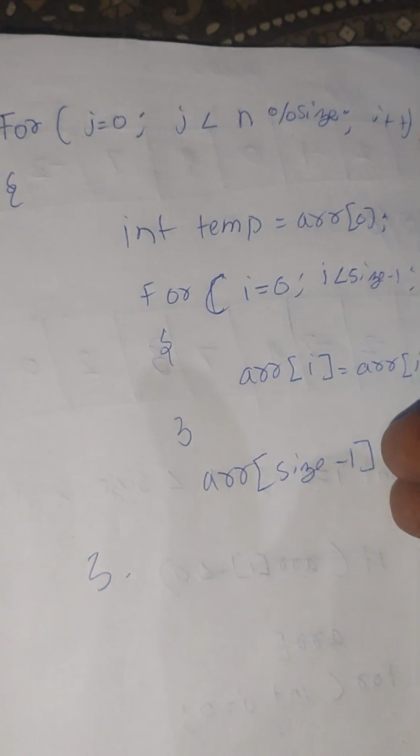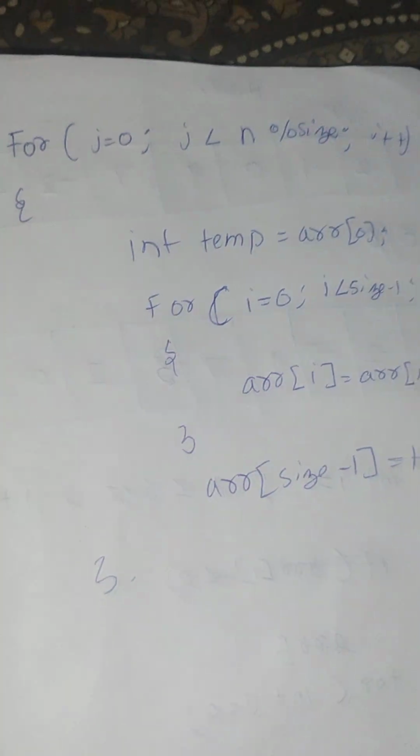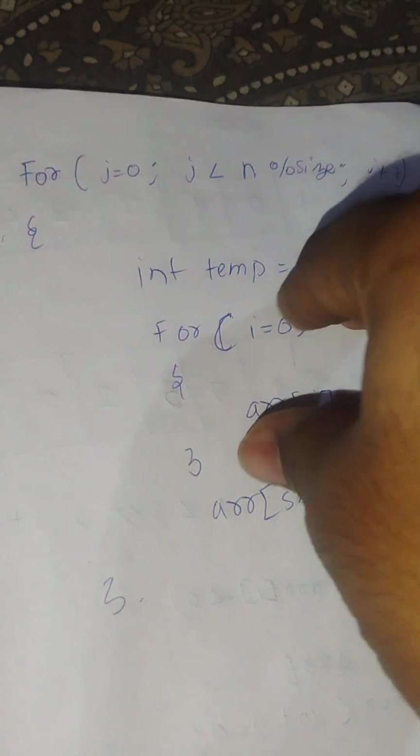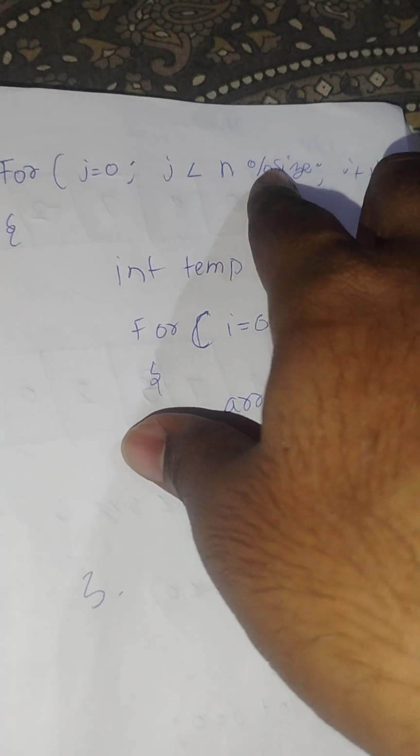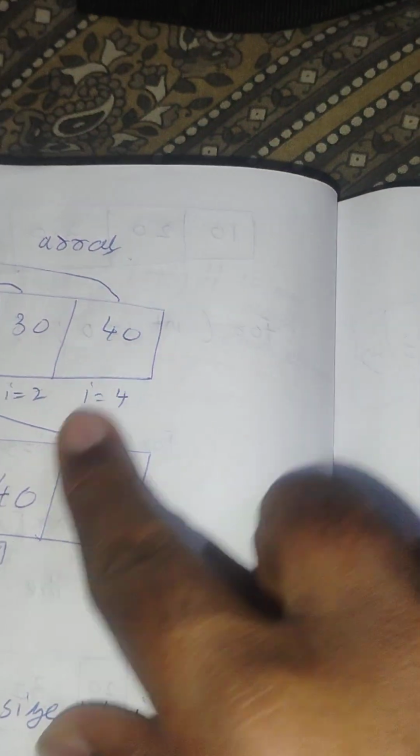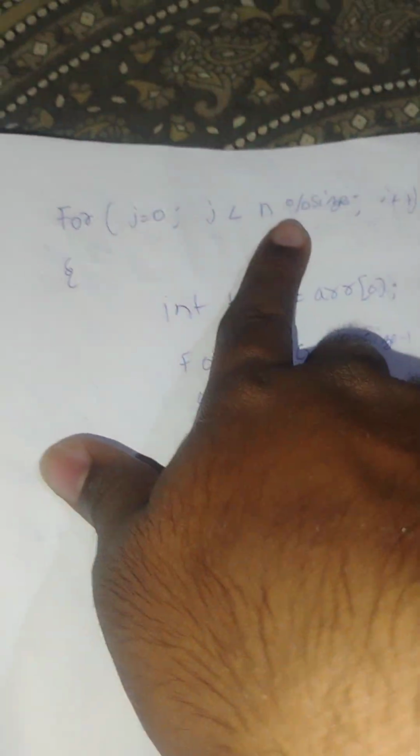If we do all these steps, time complexity will increase. How can we reduce the time complexity? Time complexity can be reduced by taking modulus of 4.